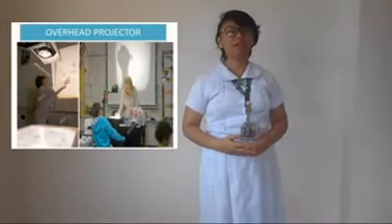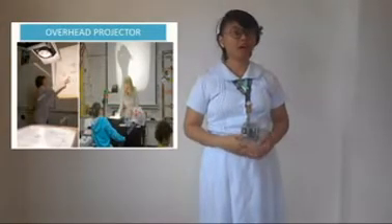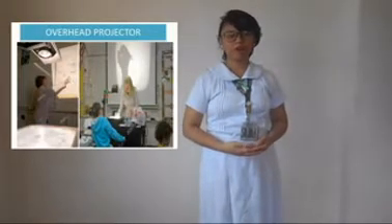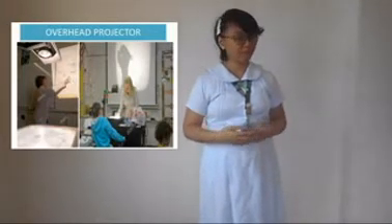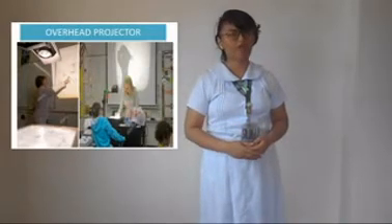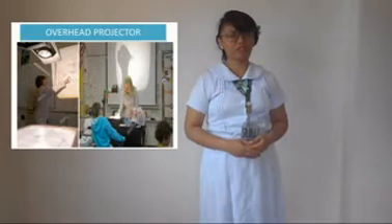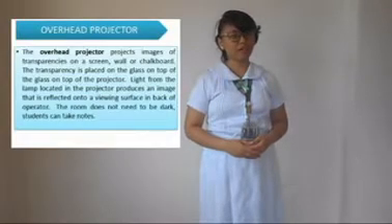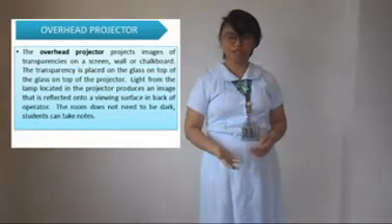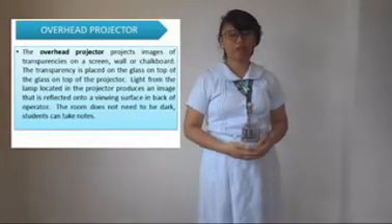Overhead projector. In my elementary days, our teacher used an overhead projector. To those who don't know what an overhead projector is, let me explain. The overhead projector projects images of transparencies on a screen, wall, or chalkboard.